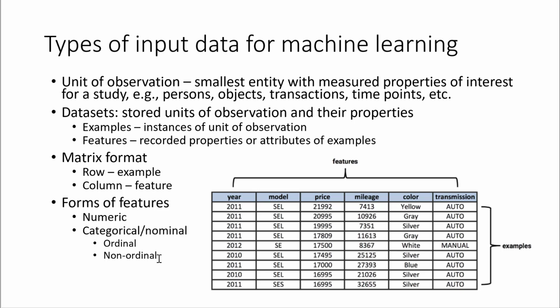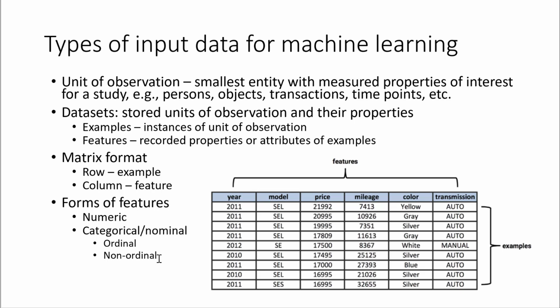An ordinal feature is a special category of the categorical feature that has an order in it. For example, clothing sizes: extra small, small, medium, large, and extra large.